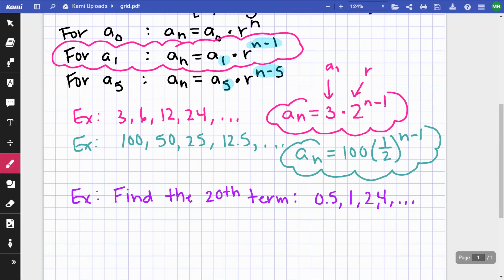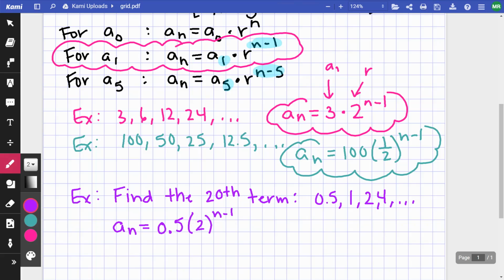In this situation, I am going to write a general equation. a sub n is equal to, start with my first term, which is 0.5, multiplied by my common ratio, which is 2, raised to the n minus 1. That would be the equation.